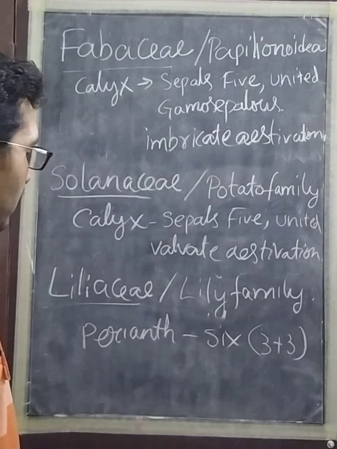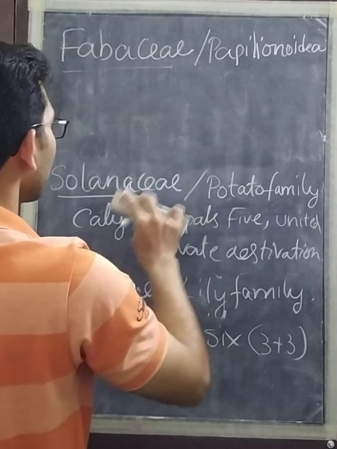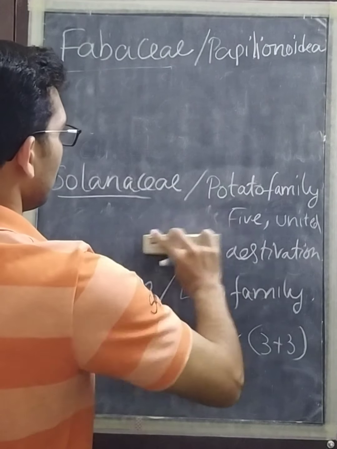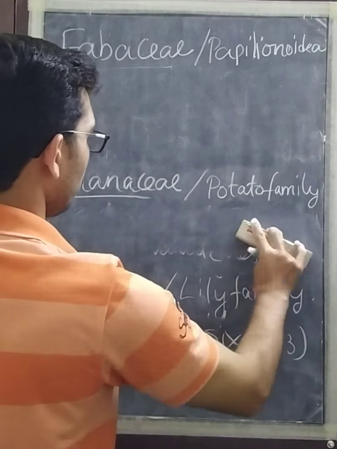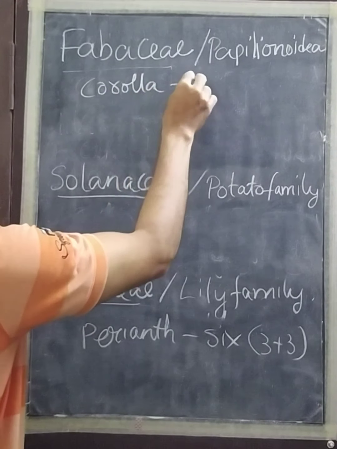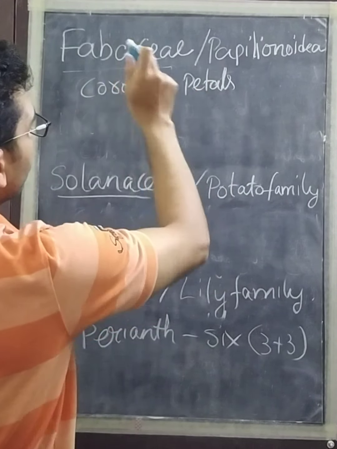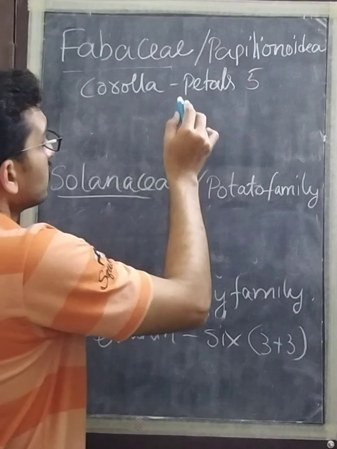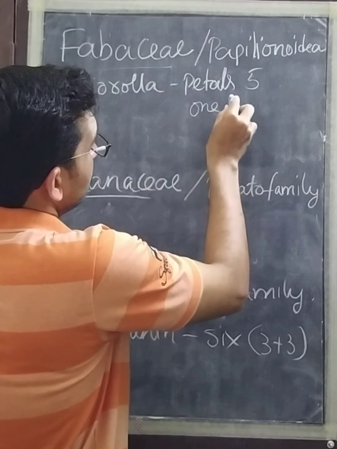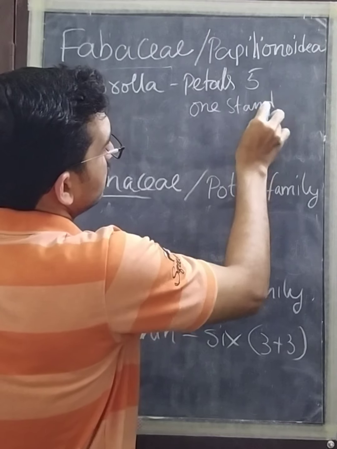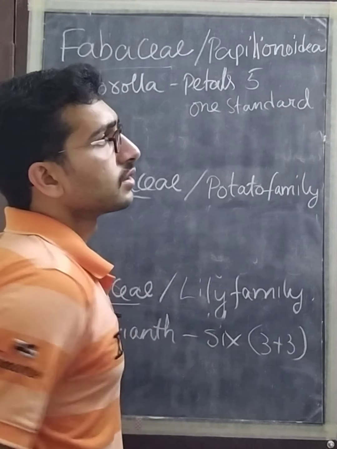Corolla means petals. In the main sense, they are meant by petals. Let's see how many petals we have in this family. In the Fabaceae family, there are 5 petals. One is a standard petal.